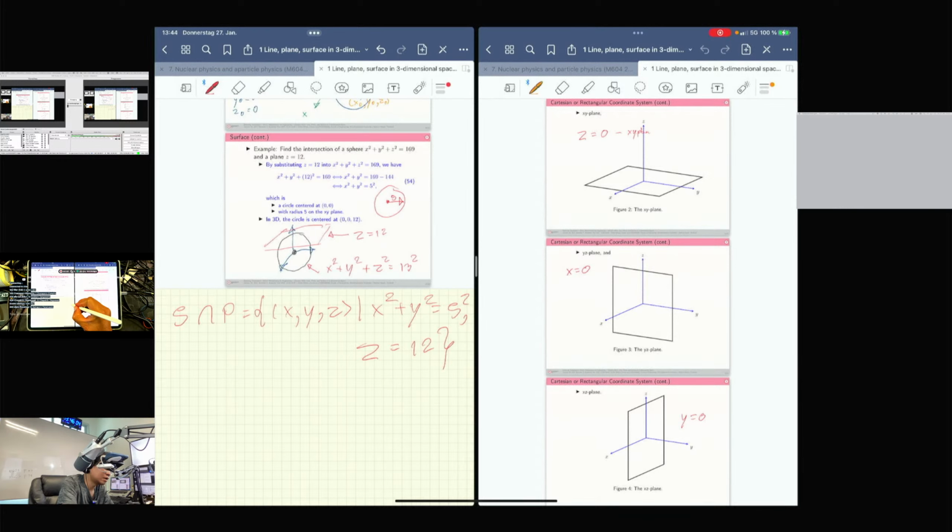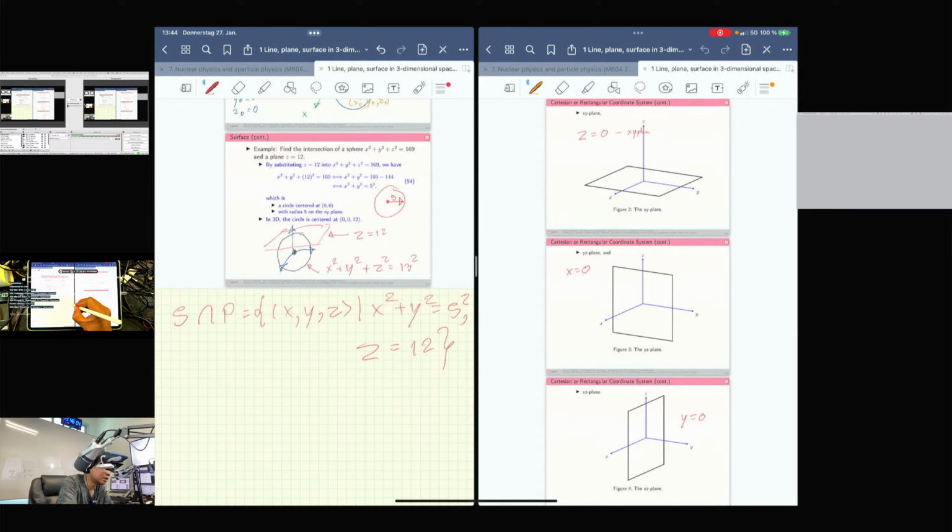Okay, and that's the answer to this problem. It's not so difficult, right? I hope it's not too difficult for you. Okay, that's the first problem.